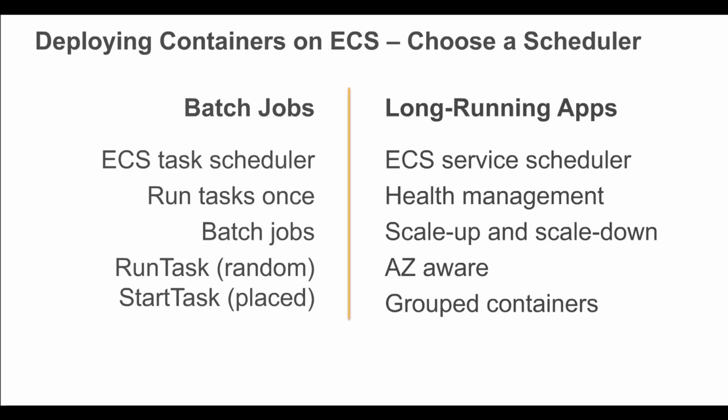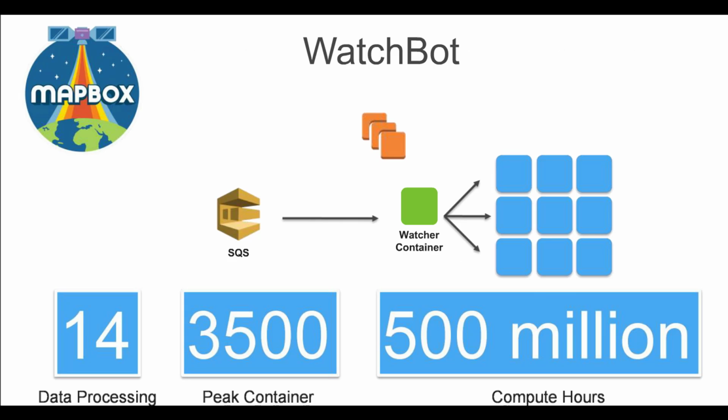One of our customers who has talked about this publicly is Mapbox, and they run their data jobs on ECS, and that's the batch jobs part of it. A third use case, which is becoming even more popular as we speak, is platform as a service, for example platforms like Convox. Those are some patterns of how customers are choosing to deploy containers.